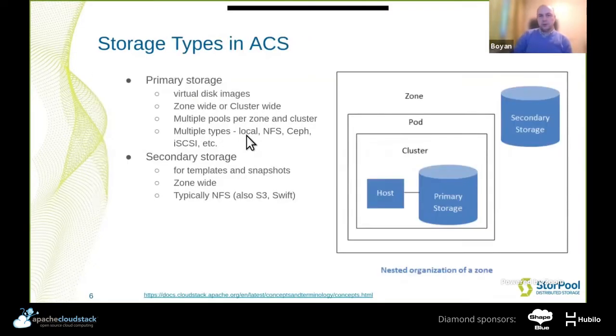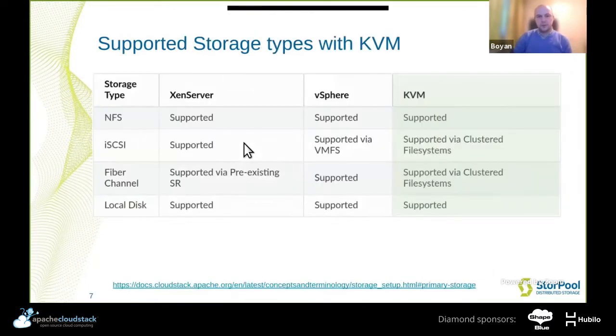There are multiple storage types: local, NFS, Ceph, iSCSI, etc. As you can see from this table, KVM doesn't have as well developed support for the different primary storage types.